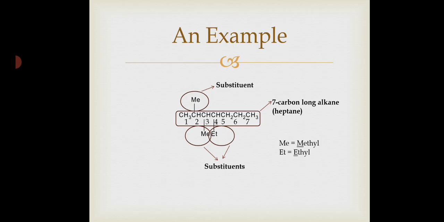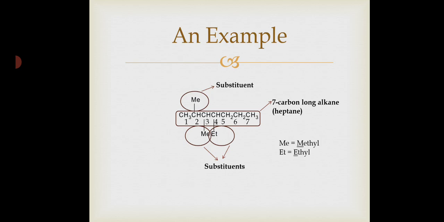There are 2 different substituents, methyl and ethyl. Methyl starts with M and ethyl starts with E. Since E comes before M, ethyl will get preference over methyl.